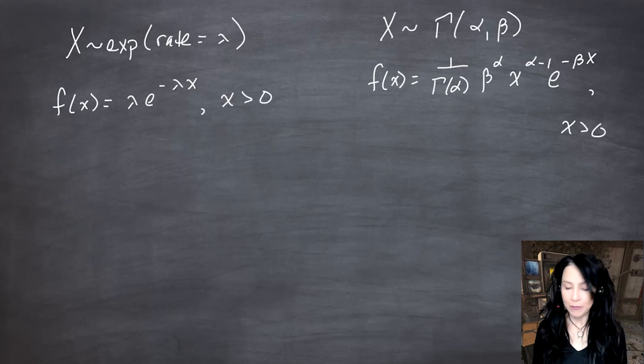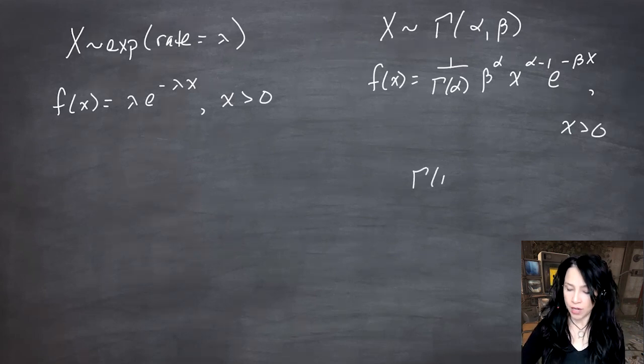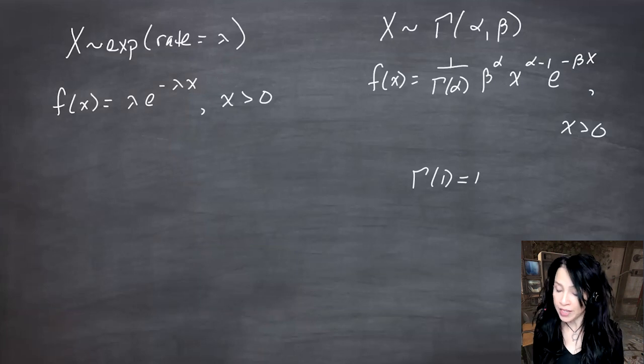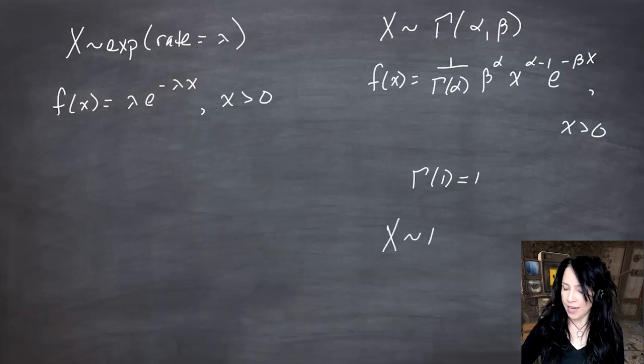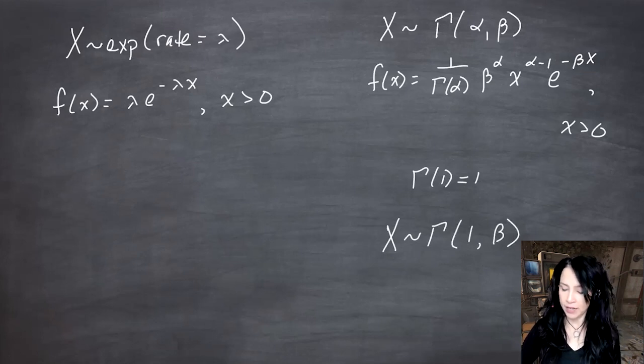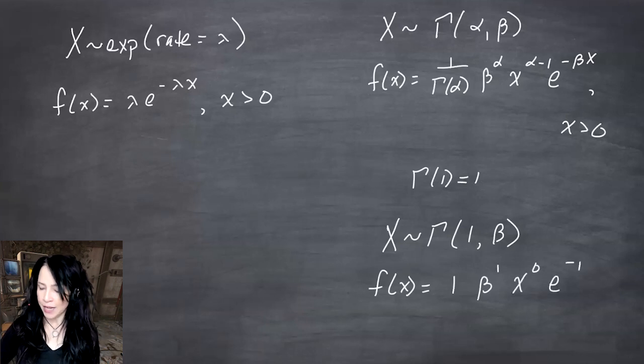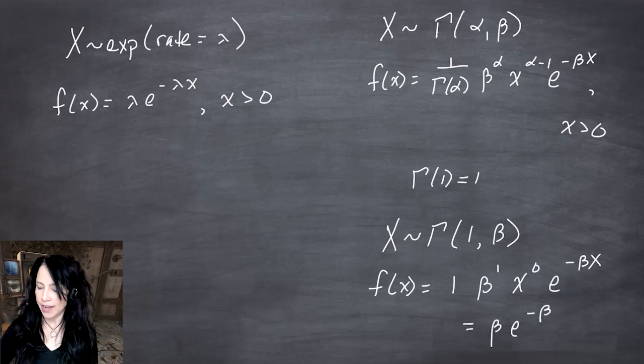So last time we saw that gamma of 1 was 1. That was our first of 3 properties of the gamma distribution. And so, check this out. If you're looking at a gamma distribution with alpha equals 1 and a generic beta, then that means the PDF is 1 over gamma of 1, beta to the 1, x to the 0, e to the minus beta x, and you're left with beta e to the minus beta x.